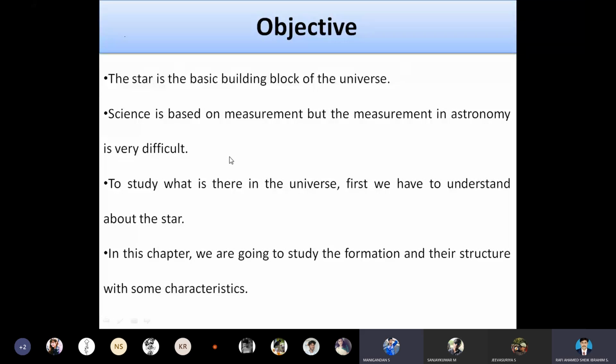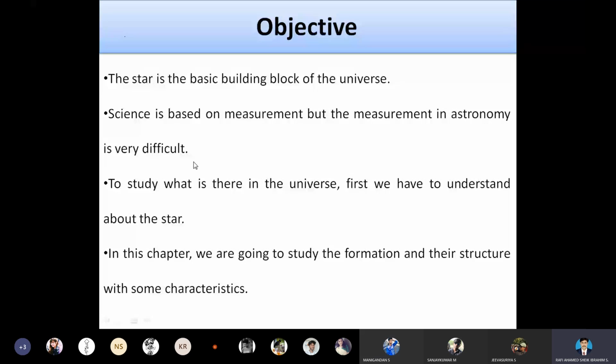We have to assume some conditions and think of some theory. In accordance with that theory and those assumptions only, we are able to predict the approximate distance between two objects.